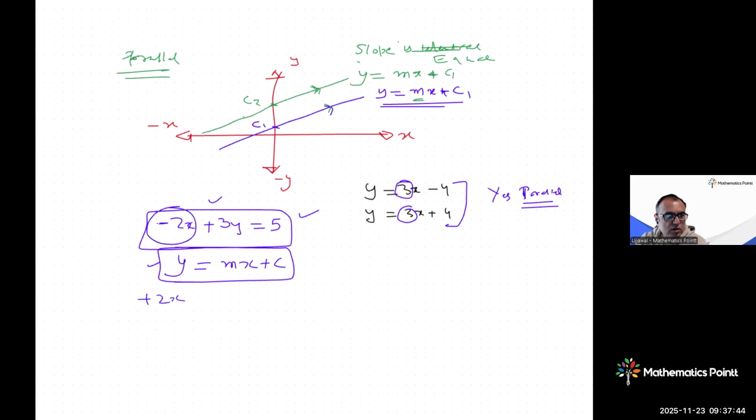So 2x, 2x gone. So 3y equals 2x plus 5. Now I need to get rid of this 3, so I divide across by 3. So what I now get is y equals 2 over 3x plus 5 over 3.